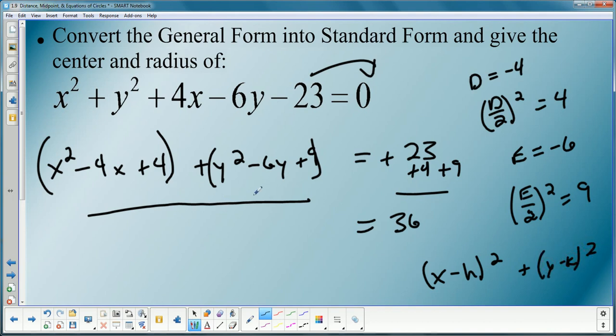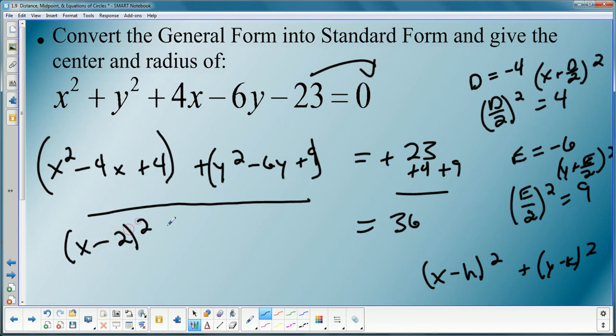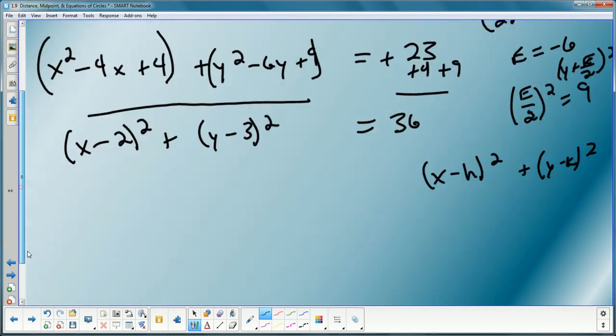Okay, so the form then is always going to be x plus d over 2 squared and y plus e over 2 squared. Okay, so x and then d over 2 is negative 2 squared plus y and then e over 2 is going to be y minus 3 squared, and that equals 36.